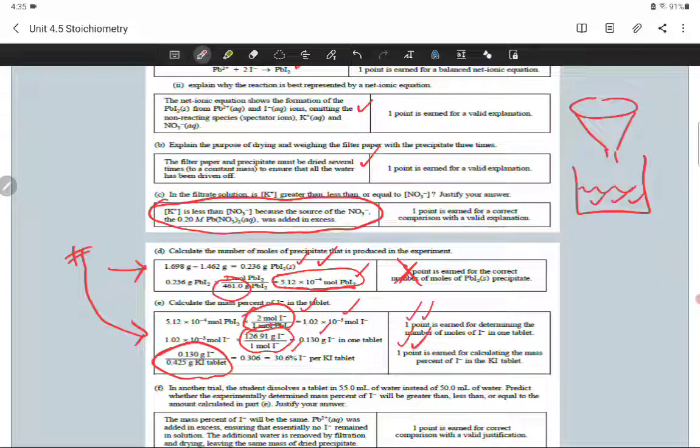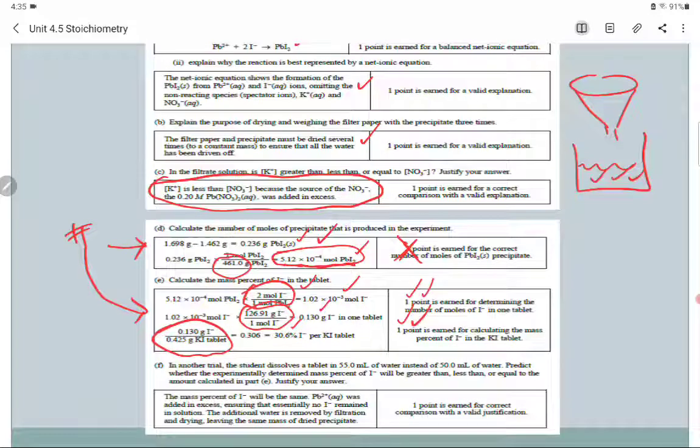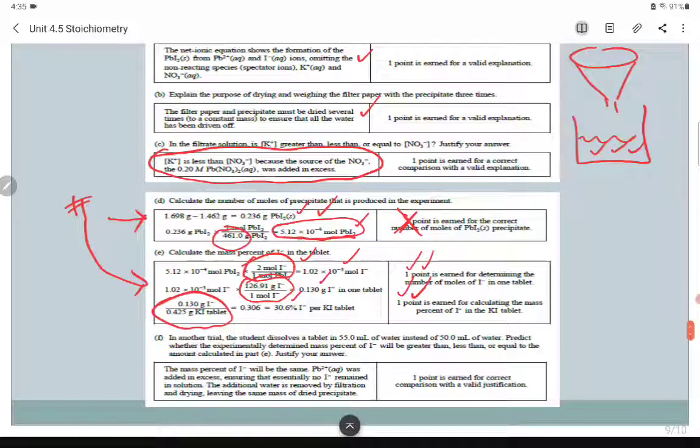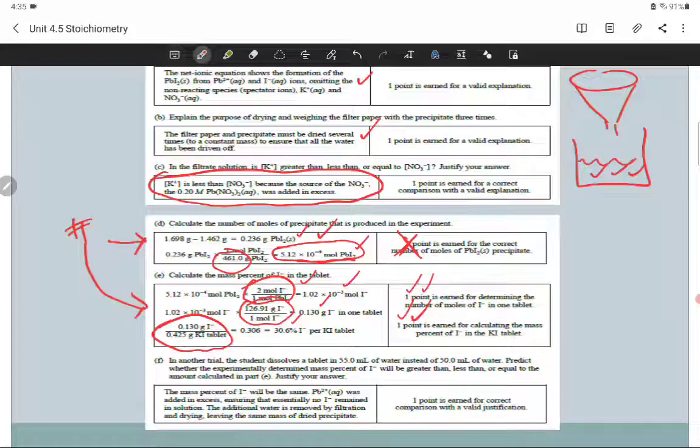So don't give up once you're in one of these free response questions. And then I said that I thought that using different amounts of water would have no change in the outcome here, and that's the case.